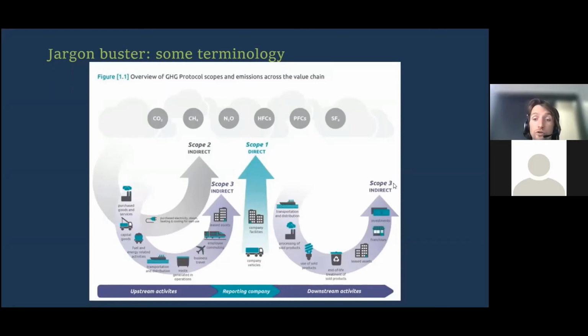Finally, it's not about what's upstream, but it's also about what's downstream in scope 3. So you could feel responsibility for the carbon emissions that are generated by your clients as a result of what you're selling to them. Okay, so if you sell goods and services, you might think, well, we're going to be responsible for how they use those goods and services and the carbon emissions associated with our clients using those, right? And you might feel that it's relevant for you to include that in your scope 3.